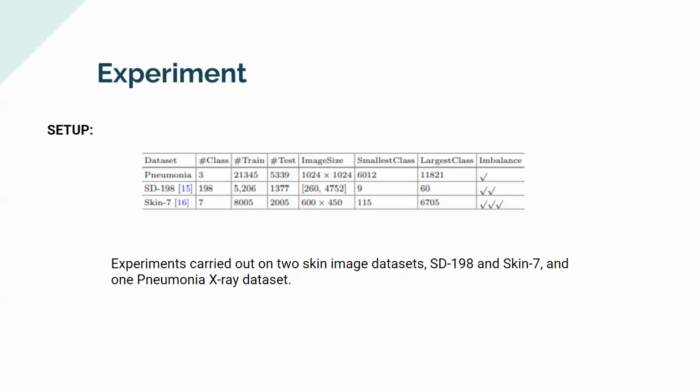In the case of the skin datasets and pneumonia X-ray images, the images were initially 256 by 256, and these were cropped into 224 by 224, followed by random augmentations. During training of deep kNN, the batch size B varied a bit for different datasets due to the varying scales of datasets. So for SD-198 the batch size is 90, and for skin and pneumonia the batch size is 96.